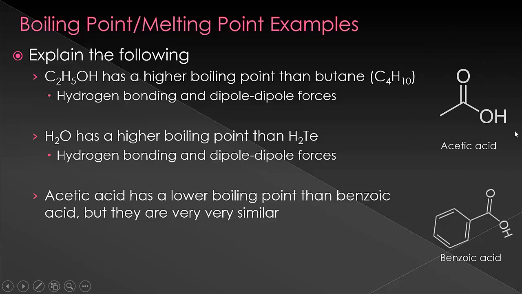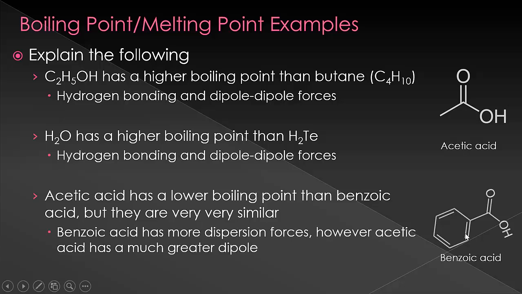But this one is going to have more of a dipole than this one because it's much smaller, so it makes a much larger difference. But this one has this giant benzene ring structure right here, which gives it a lot of polarizability. So acetic acid has a lower boiling point because benzoic acid has more polarizability because of this benzene ring.